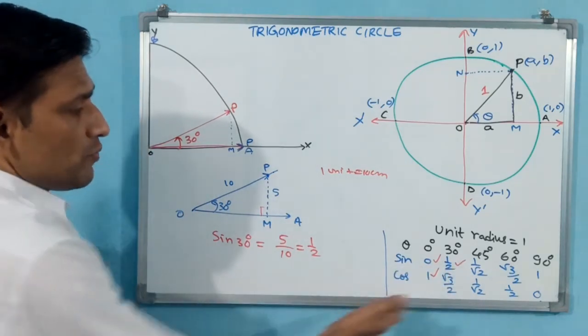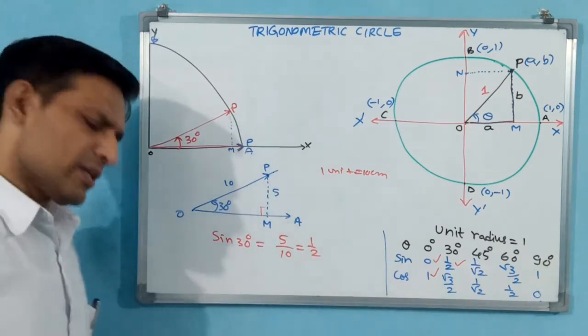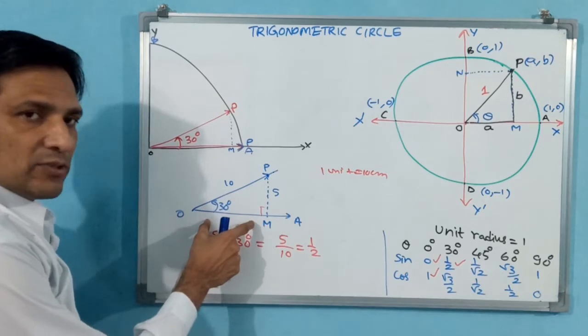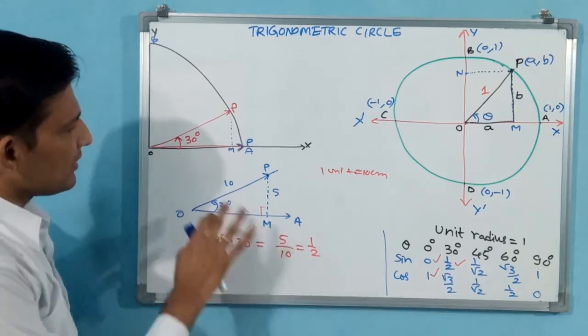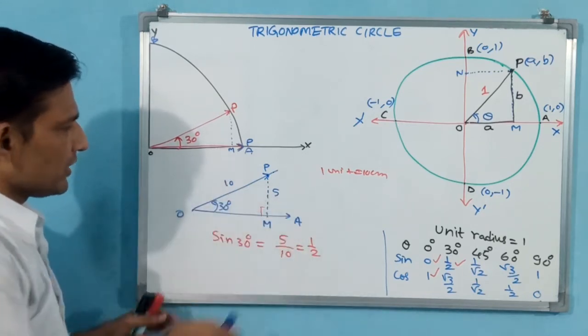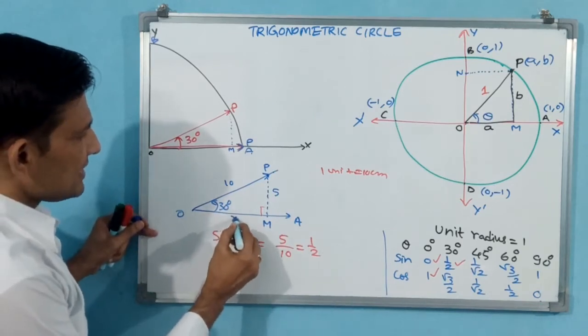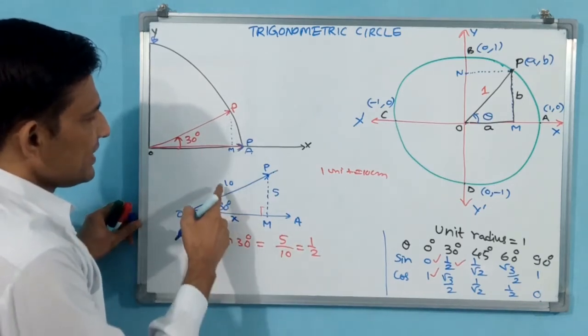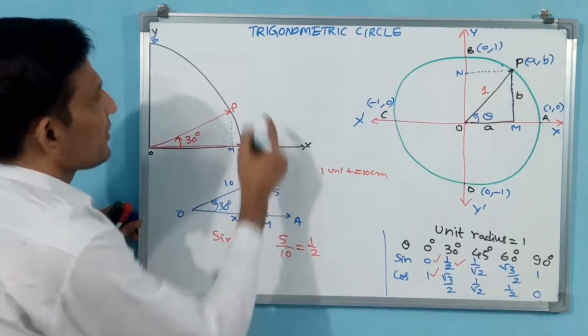Now you may ask, sir, how has cos 30 come? That will also come. If you calculate this, root 3 by 2 will be there. Even by calculation, with these two results, we can see. Let us take this as x. Then 10 square is equal to x square plus 5 square.